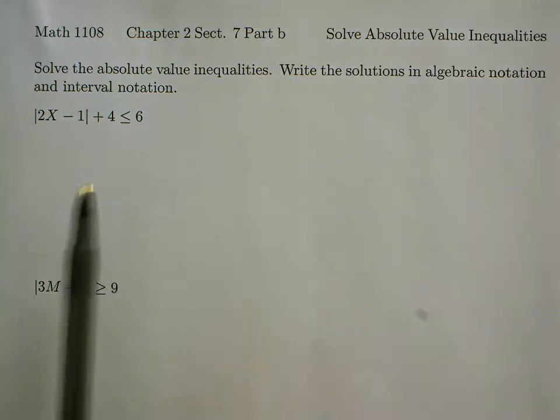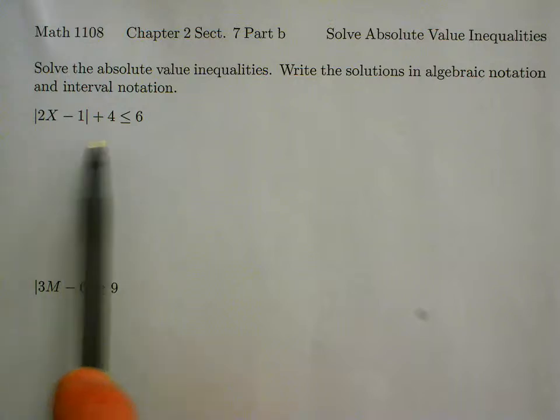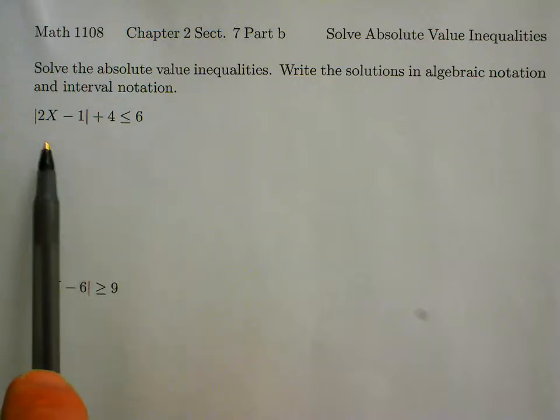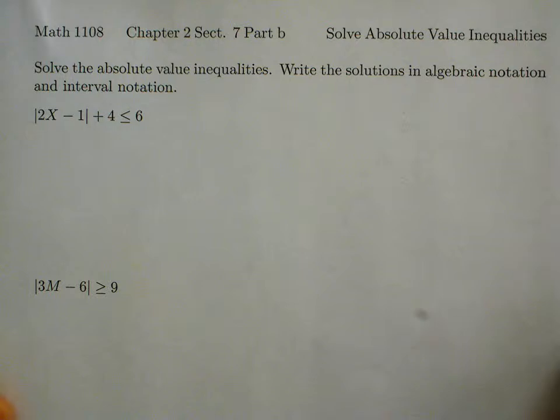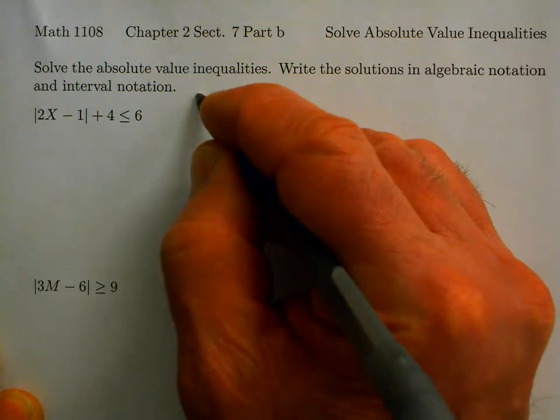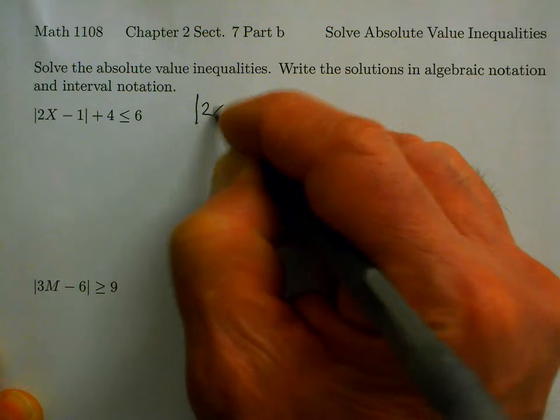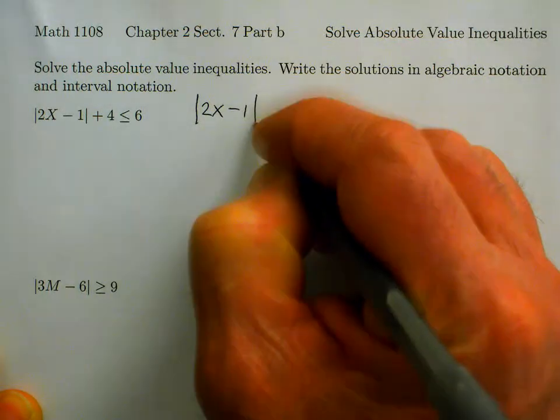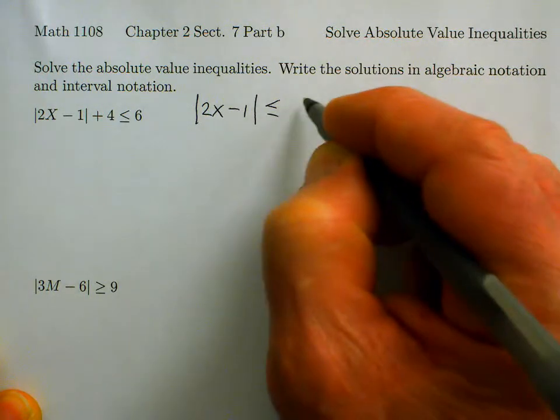And we also want to do that with absolute value inequalities. So this one, to get the absolute value of 2x minus 1 by itself, we first have to subtract 4 from both sides. So we'll get the absolute value of 2x minus 1 is less than or equal to positive 2.